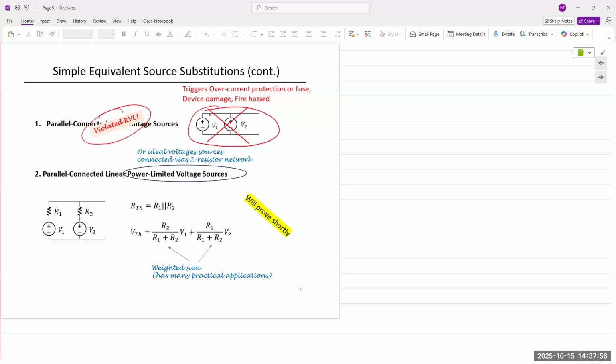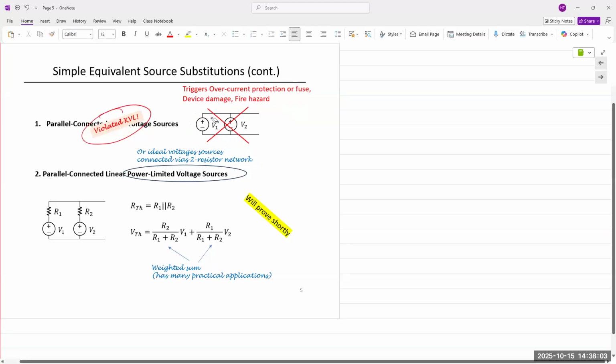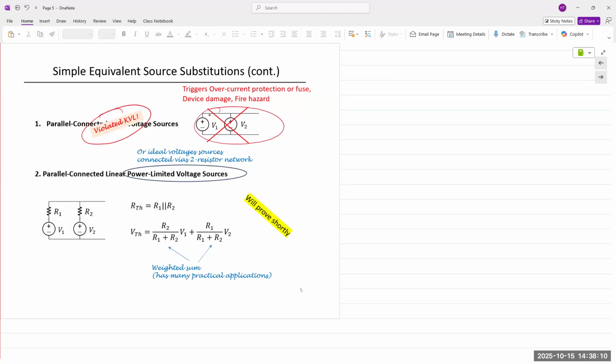All right. But in general, if you have two ideal sources like this, ideal sources cannot be connected in parallel because there is no resistance in there to control that circuit. Does that make sense to everyone? Right?